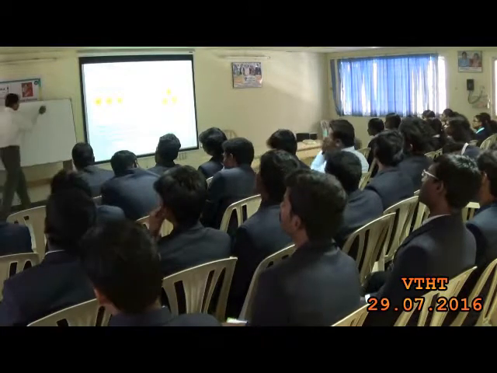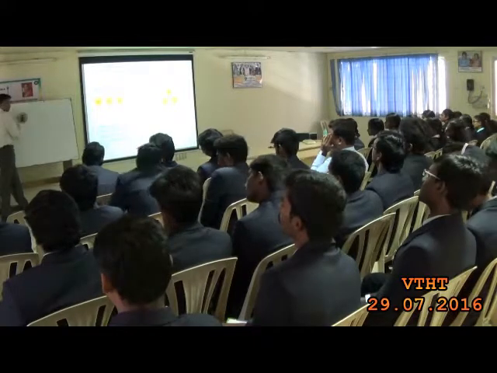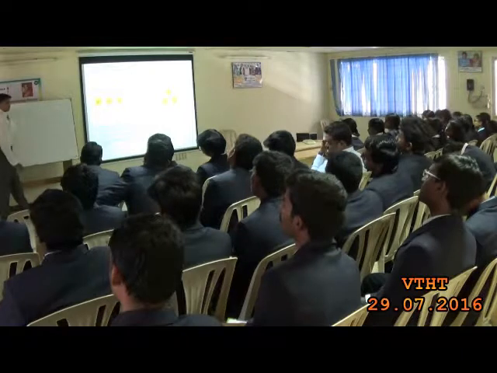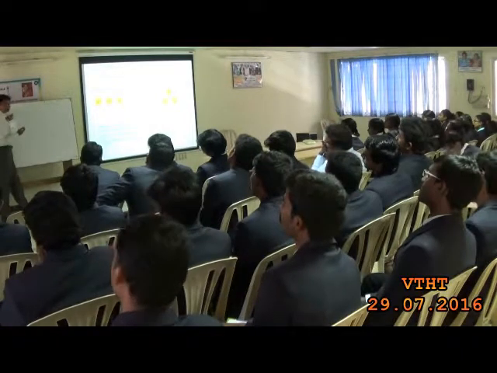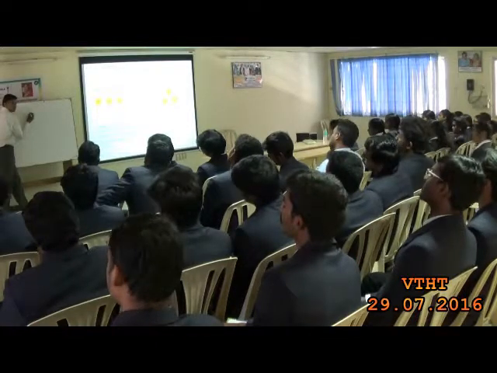Another issue. For example, there is another node called D. A wants to send data to B, and C wants to send data to D. That gives a problem. If C wants to send data to D, the data will be there in B also.